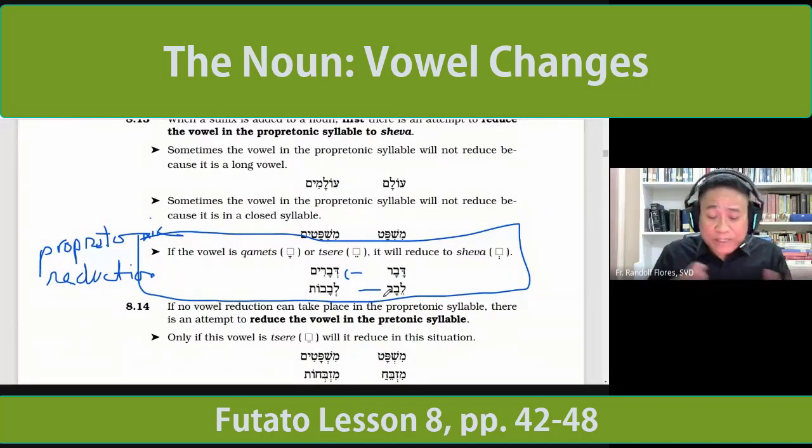There is an explanation: the basic rule is that long vowels in open syllables are made to be shortened. They are shortened because you add something at the end. When you add something at the end of the word davar, you add im, so the first syllable there would be reduced. Devarim.